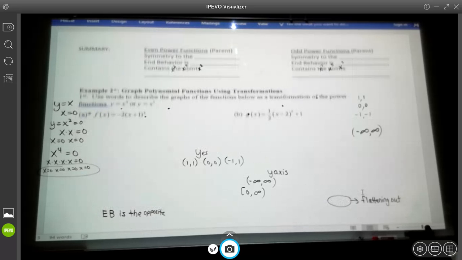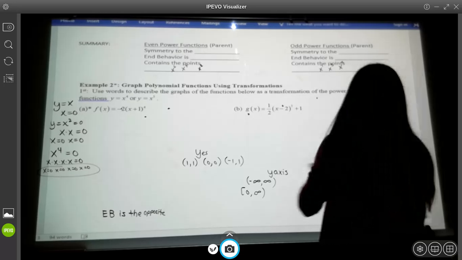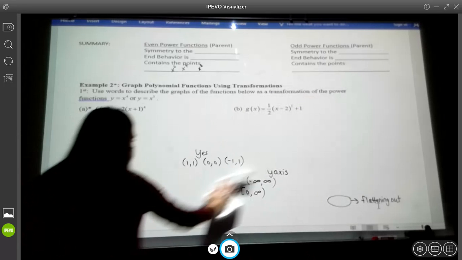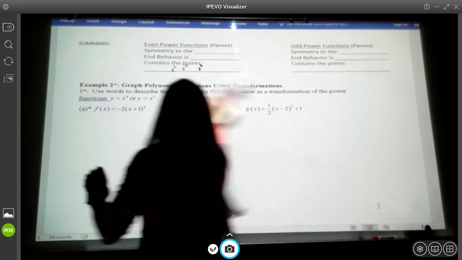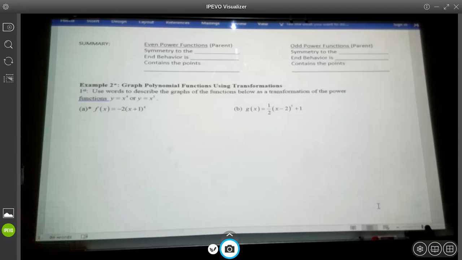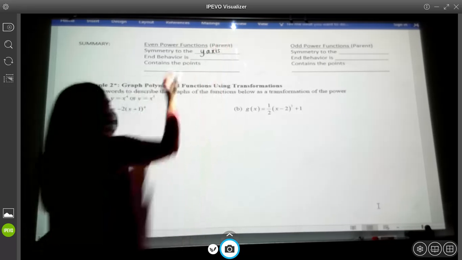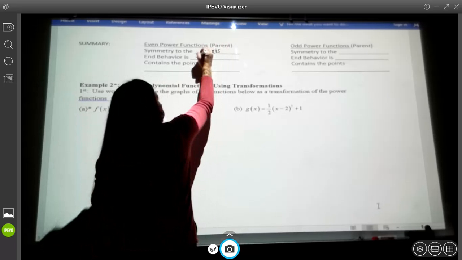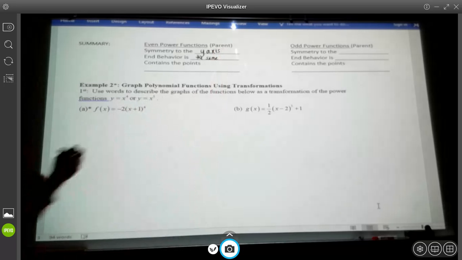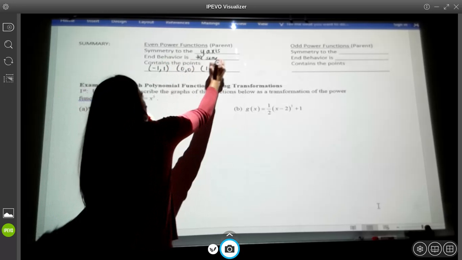All right, so let me just give you a summary. So just to give you a quick summary, your even power functions, they had symmetry to the y-axis. Their end behavior was the same, either both up or both down. And the even ones contained the points, what was it, negative 1, 1, 0, 0, and 1, 1.